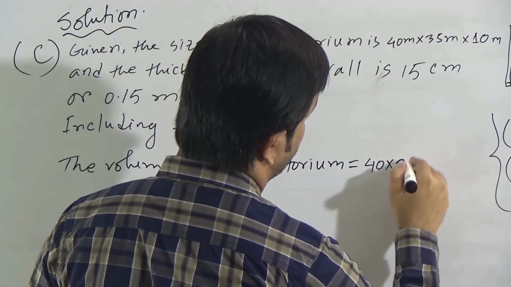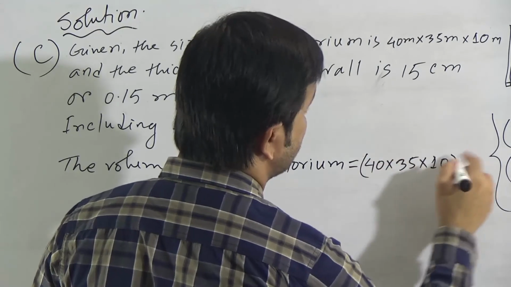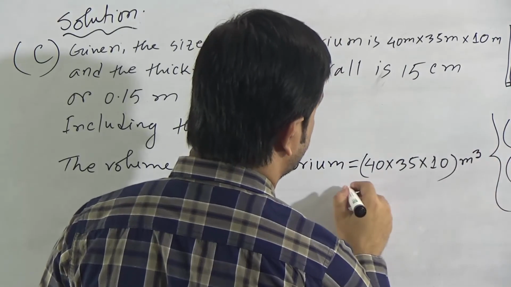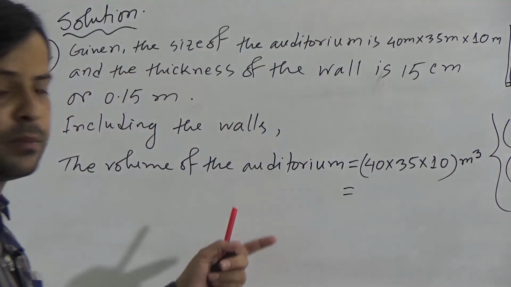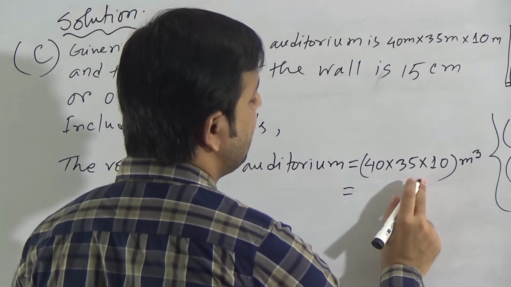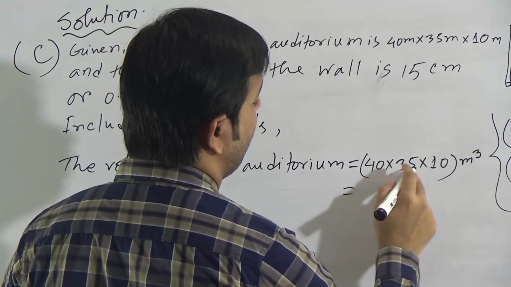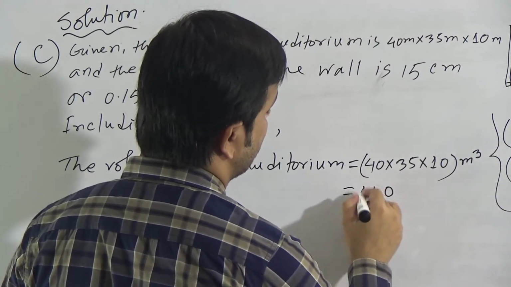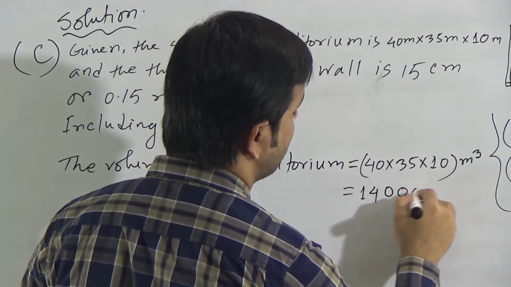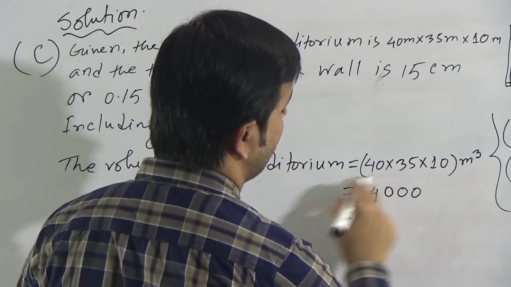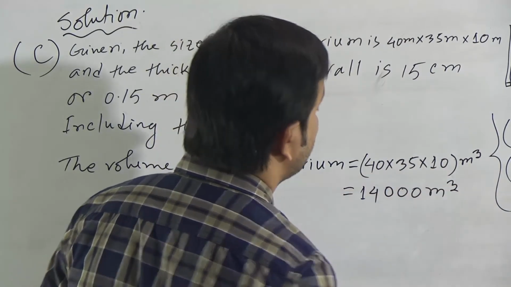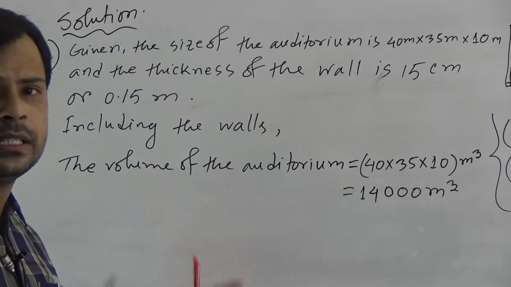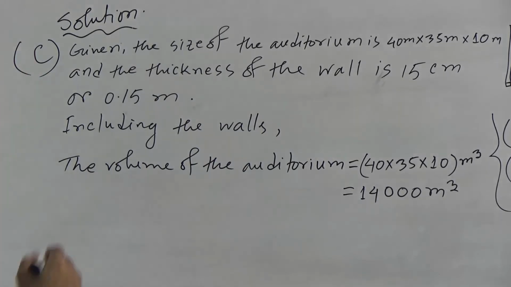If we multiply, we will get cubic meter. We can write m cube or cubic meter, both we can write. Now multiply these three. 4 5s are 20, 4 3s are 12 and 2, 14. Now 1 and 1, 2, 0. Here is 0, here is 0. So we get 14000. This is the volume of the auditorium including the walls.